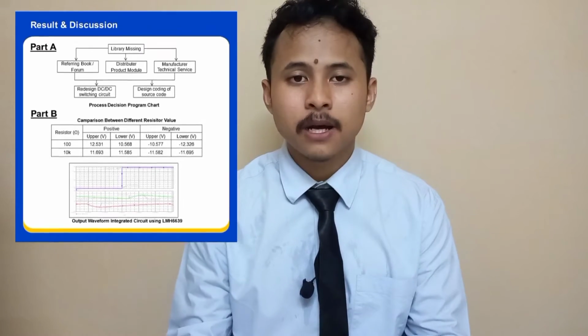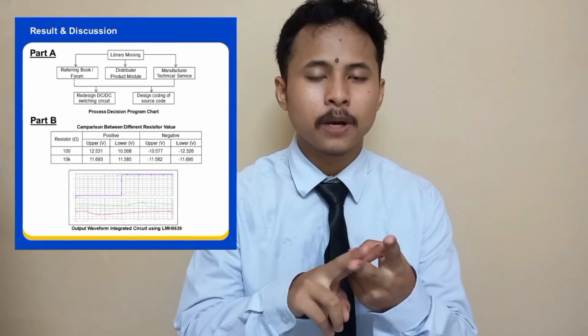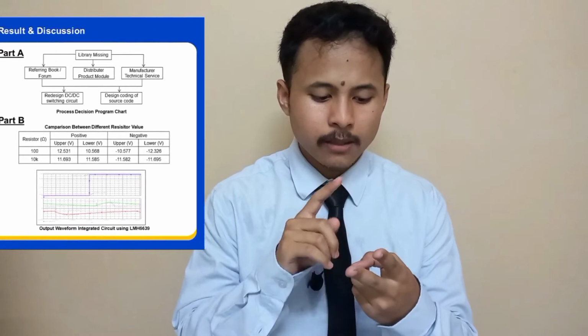Next is result and discussion. For this part, I speak on two parts, which are A and B. We have a part B because something occurred in part A that we couldn't solve in a short time.